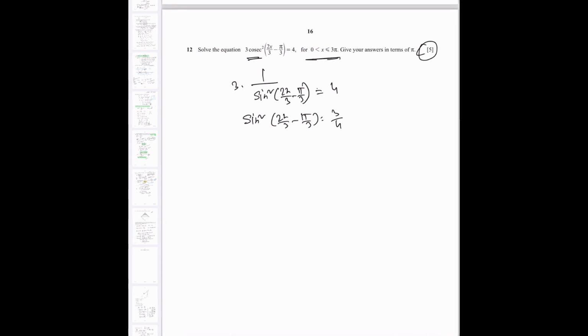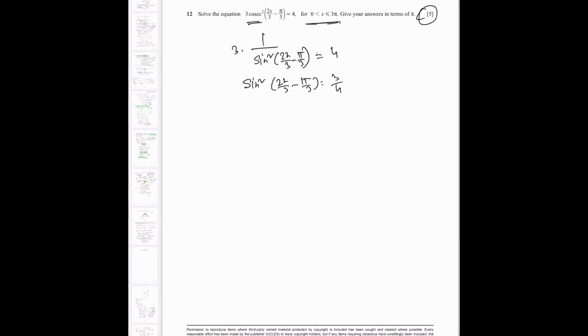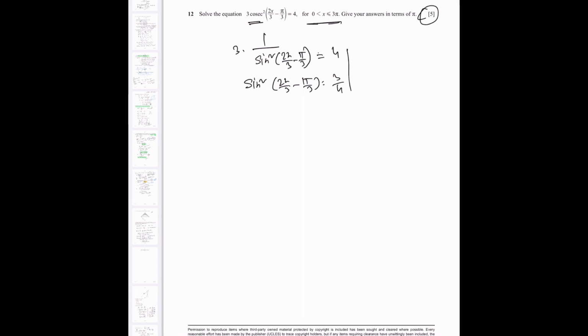Okay, now we can write sine of 2x by 3 minus pi by 3 equals root 3 by 2, I mean plus or minus. So it is simple.